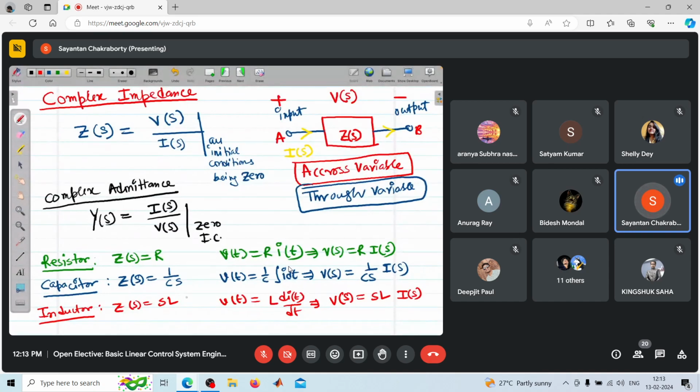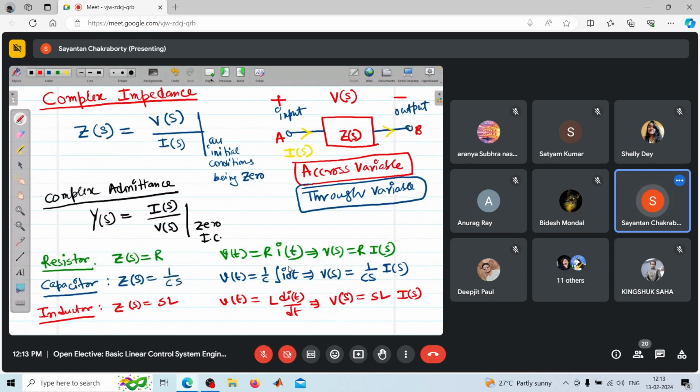So clearly, if we have a resistive element, we can replace it as R, a capacitive element by 1 by Cs, and an inductor by sL. So with this, we can convert the entire network which is in time domain to its equivalent in complex frequency domain.